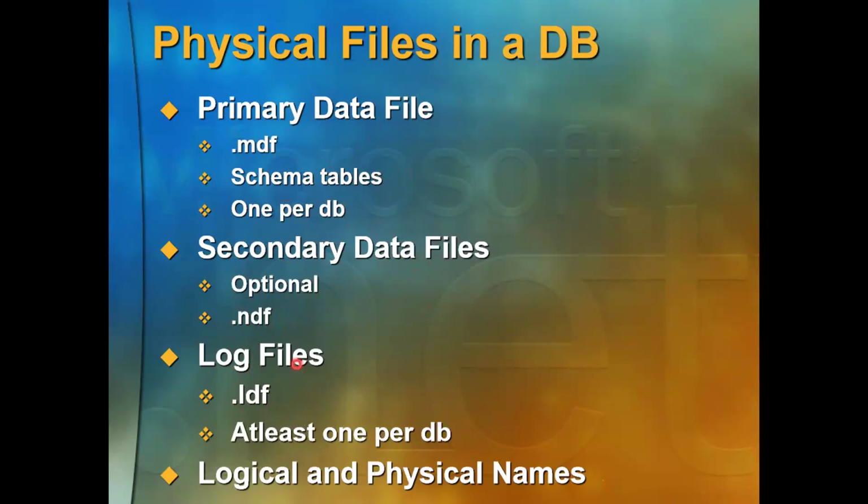in the database. For example, you would be inserting some data into the database. That information that you have inserted will be stored in the log file. So whatever operation you're doing on the database will be stored in the log file. And each of these files has both a logical name and a physical name.